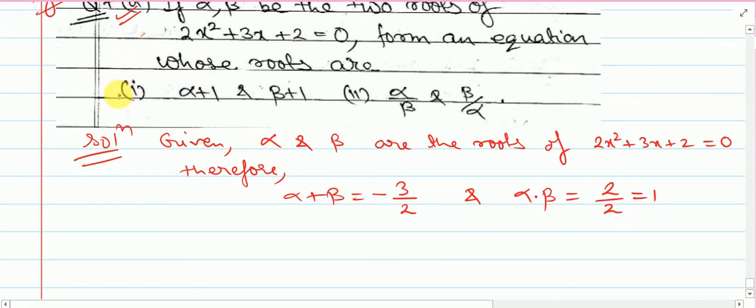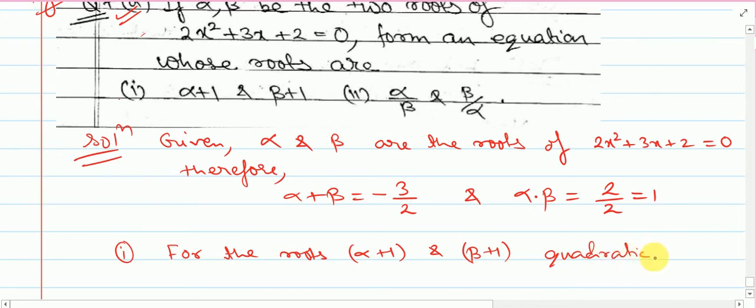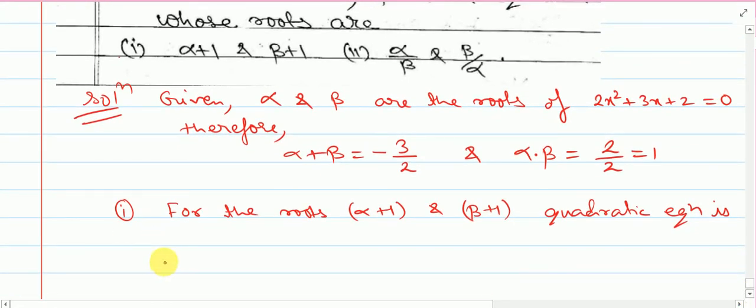Now let's come to number 1. So these roots are given and we are looking for the quadratic equation for this. So for the roots alpha plus 1 and beta plus 1, quadratic equation is, and you know how it's written, x square minus sum of the roots.